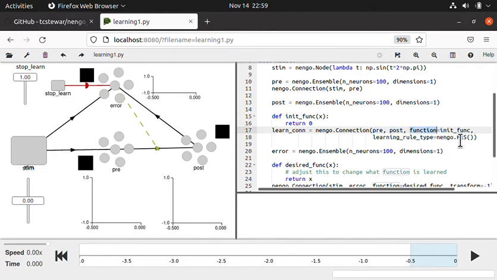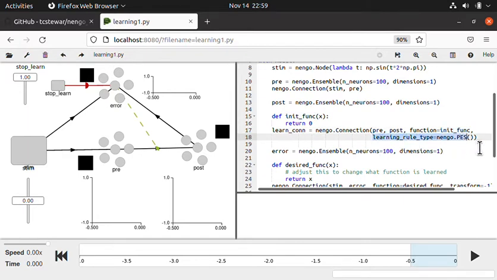When Nengo solves for that connection, it's got to do something to get those connection weights. I'm going to start it off saying, all right, do the 0 function. This is the function that just outputs 0 all the time. It's going to go ahead and solve for those connection weights. As you can guess, it's going to end up deciding that all the connection weights should be 0, because that does a pretty good job of decoding out 0. So that's all the same stuff we've seen before.